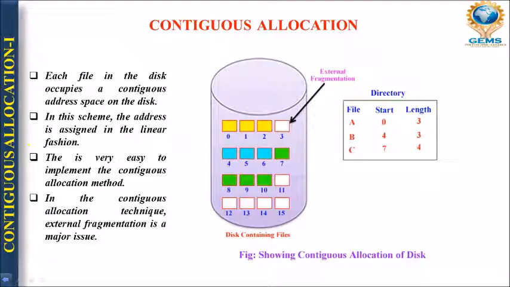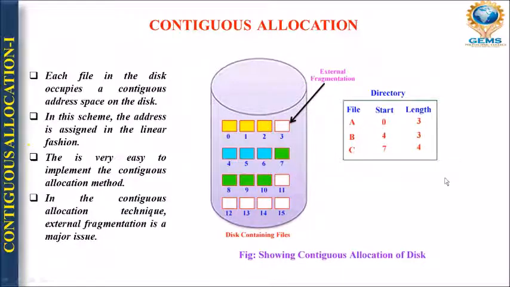So this is a good example of how contiguous memory is stored. Suppose we have three files, A, B, C. A starts from block 0 and its length is 3, so 0, 1 and 2. B starts at 4 and has length 3, so 4, 5, 6.